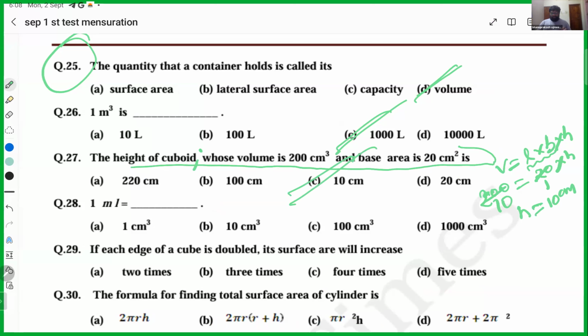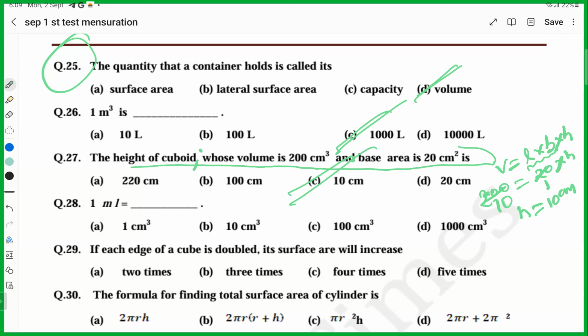Next, what is the answer for 28? These are all our basic questions.